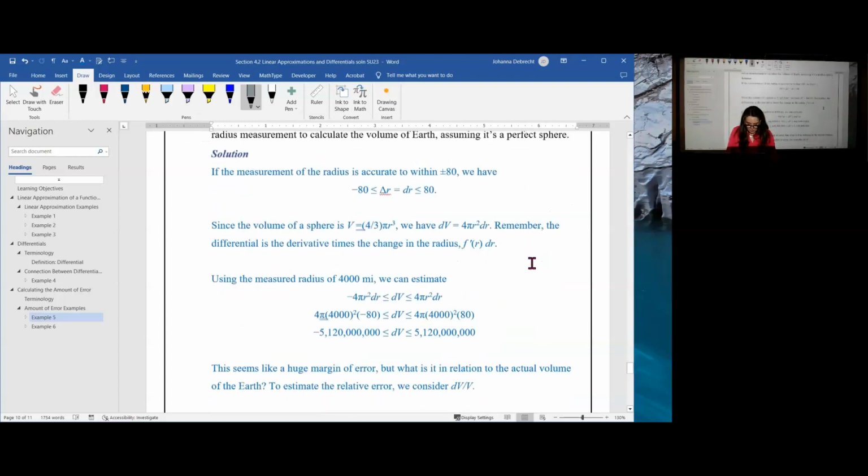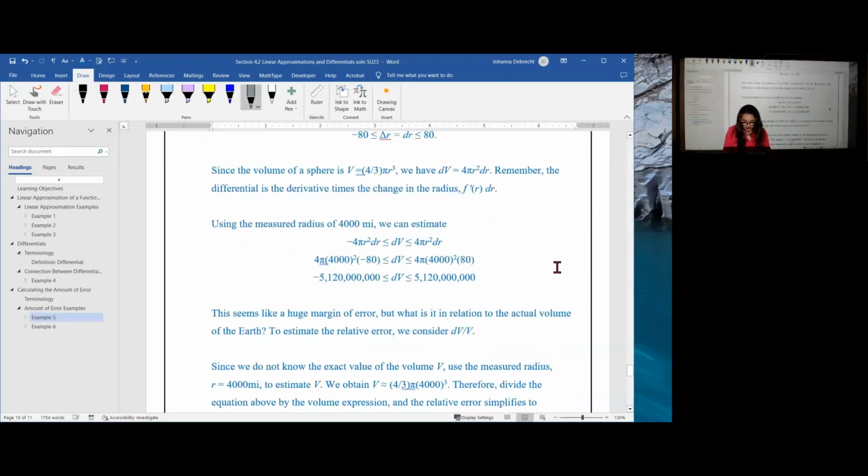If we use the measured radius of 4,000 miles, we can estimate that the differential dv, the change in the volume, which has to be between negative 4 pi r squared dr and positive 4 pi r squared dr, has to be measured with our approximated value, since we don't have a true value, of 4,000 for the radius, negative 80 dr on the left, and positive 80 dr on the right.